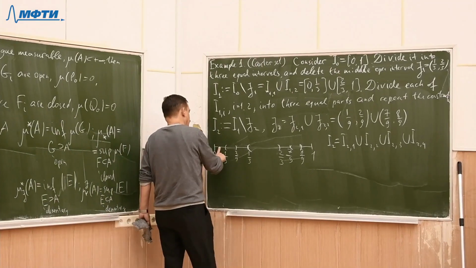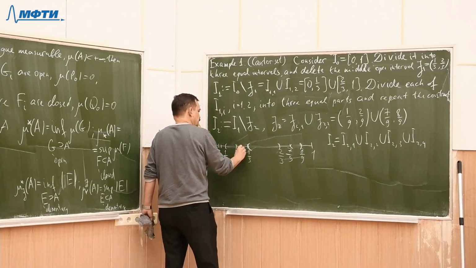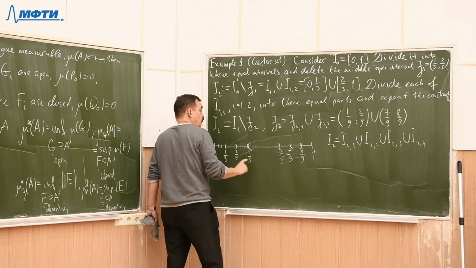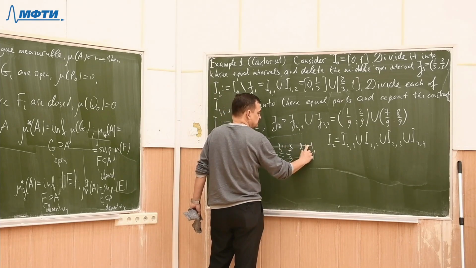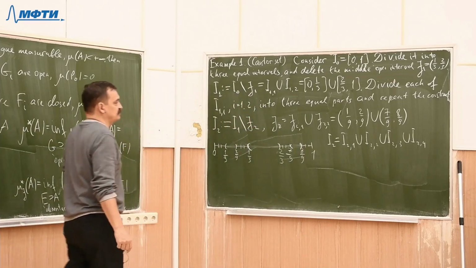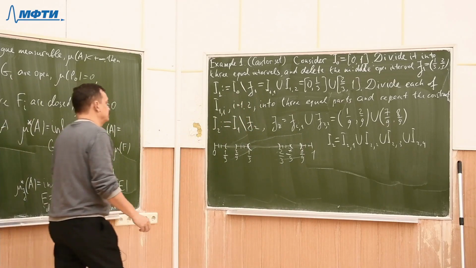So next time we divide each of those four intervals into three equal pieces and delete the middle part.